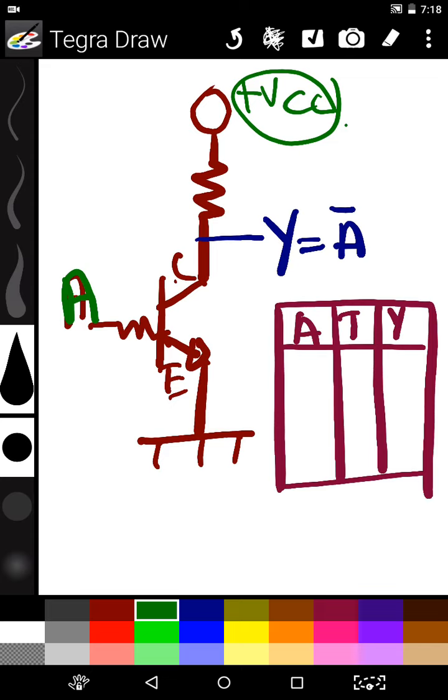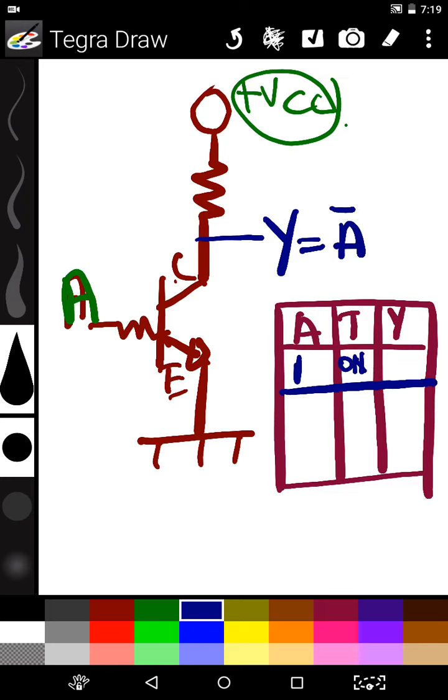Now for the input, when the input is 1, the transistor will be in the on condition. That means the transistor will be short circuited, like in saturation mode. If the transistor acts in saturation mode, then the Y terminal, the collector terminal, will be grounded.